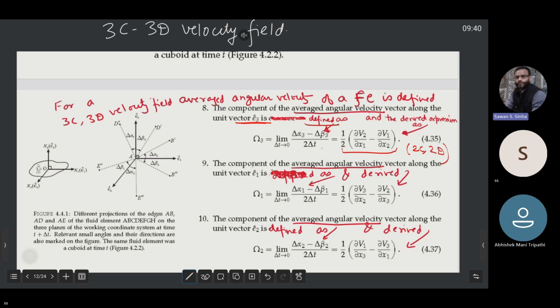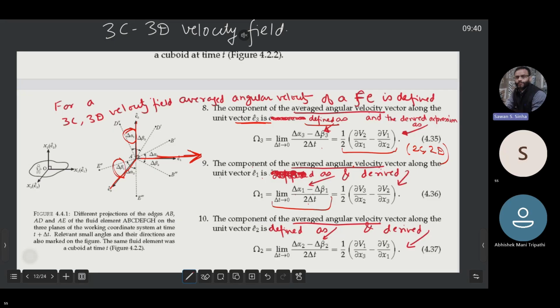The component of the average angular velocity vector along the unit vector E1, along this unit vector, is defined in this manner. You see delta alpha 1 minus delta beta 1 by 2 delta t. So I'm talking about these angles. When you talk about the average angular velocity vector component along this direction, you have to go to the plane which is perpendicular to this direction, and then look at the angles which are delta alpha 1 and delta beta 1.